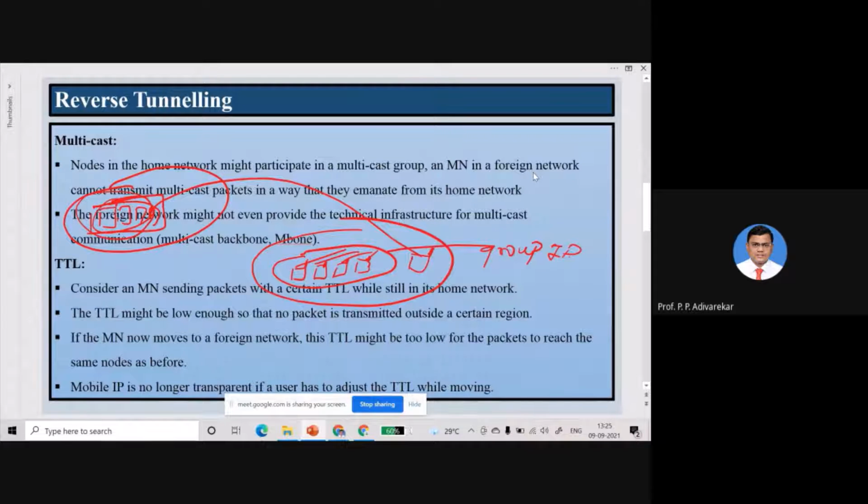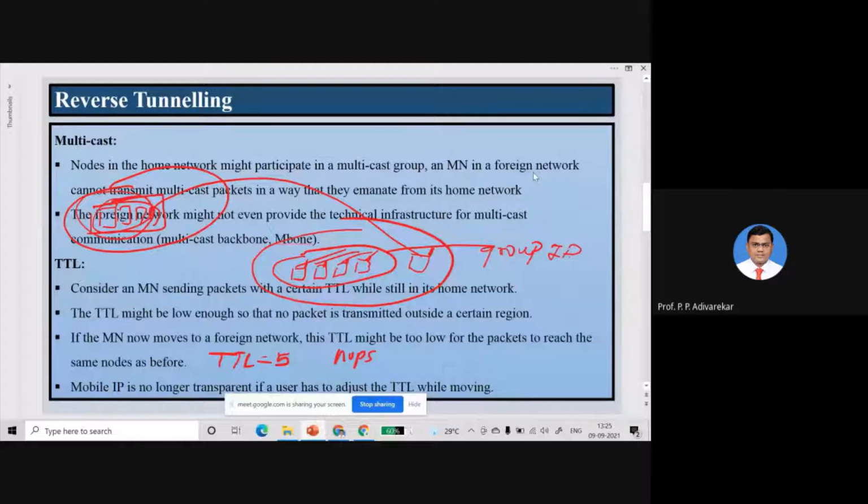So if the MN wants to send a packet with a certain TTL, let's say TTL is equal to 5, that means within 5 hops the packet should be delivered to the destination.